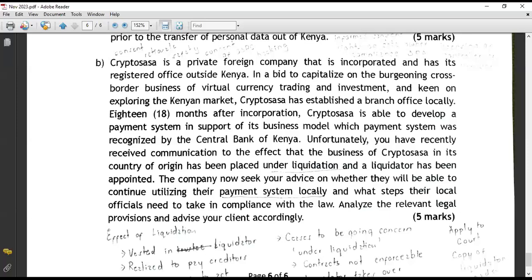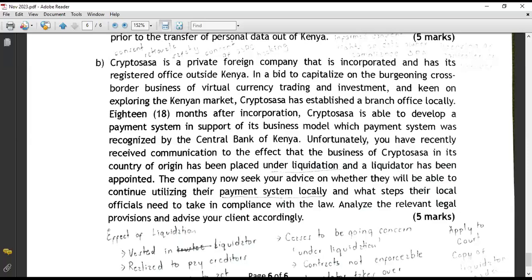When it has a branch office, it is assumed that the shareholding is 100% CryptoSasa's, because there's no other information that says otherwise.